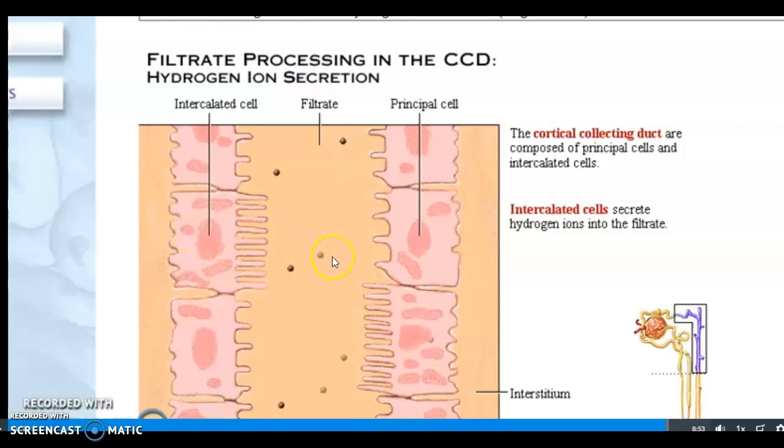Remember, by definition, bases receive protons and acids give up protons. So if I am balancing that pH level, here is where I'm going to give up those protons and not hold on to them, but get rid of protons and put them into my urine. So I'm kind of acidifying, in a sense, my urine.